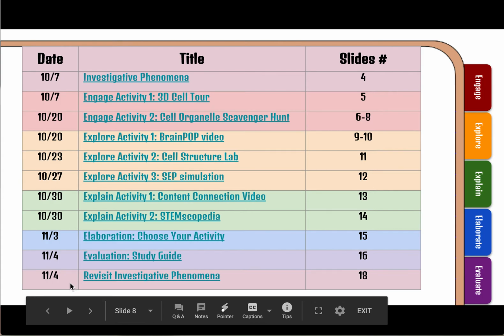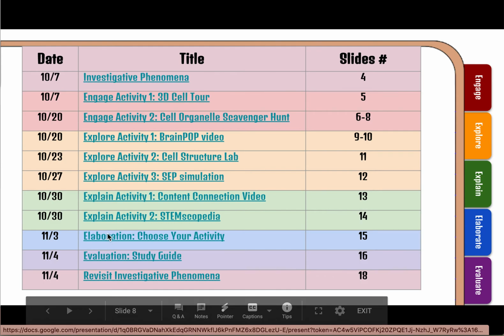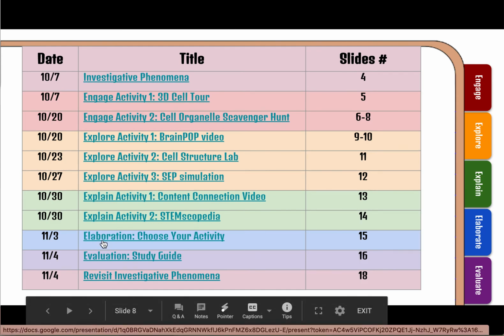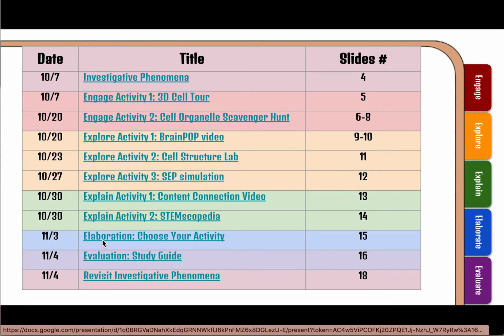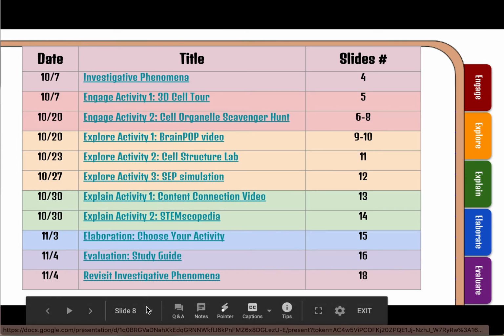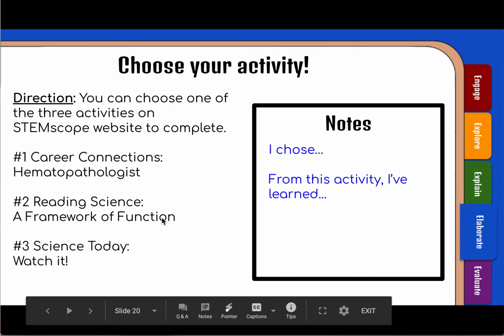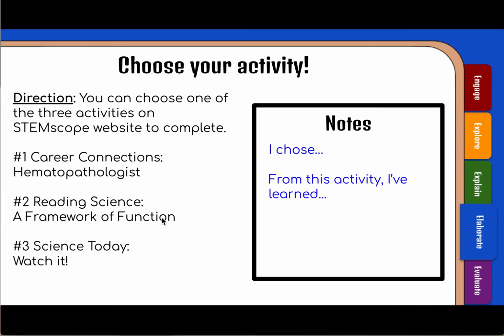Let's take a look at today's activity, elaboration, choose your activity. If you click on this link in your notebook, you will directly go to the activity for today. All right. So for today's activity, it's called Choose Your Activity. Again, you will choose one of the 3 activities to complete on STEMscope. Please do not do all 3 activities. You just need to choose one of the 3.